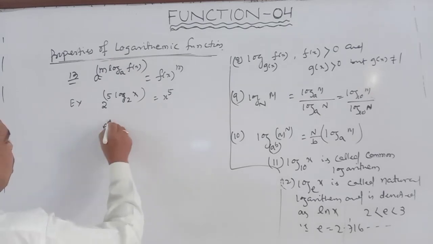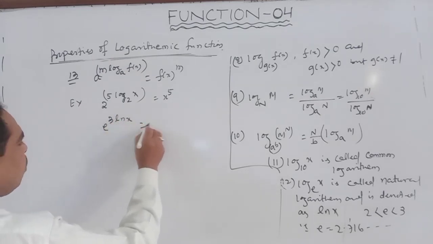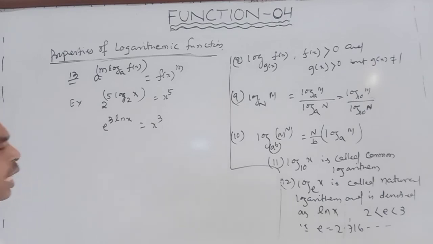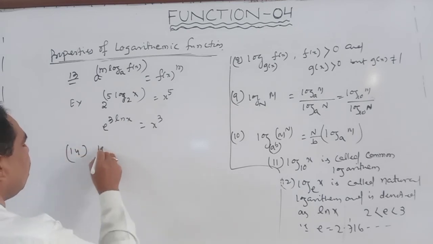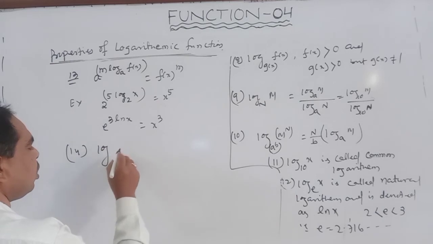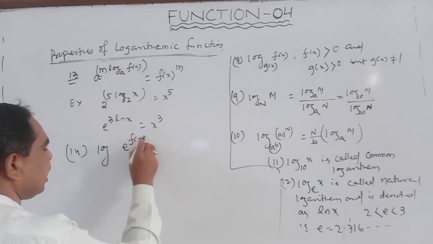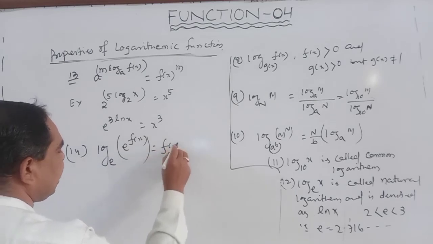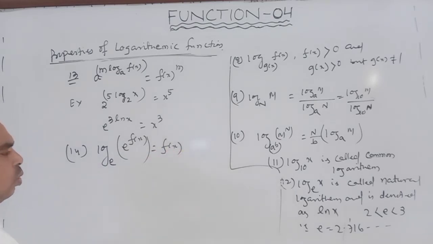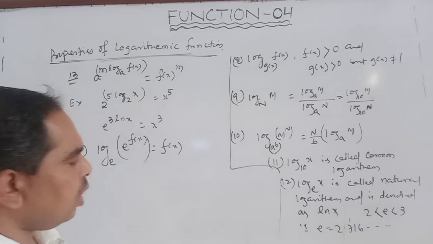E to power 3 ln x means x cube, because ln means base e. 14. Log of e to power f(x) base e is equal to f(x). So these are the properties of logarithm.